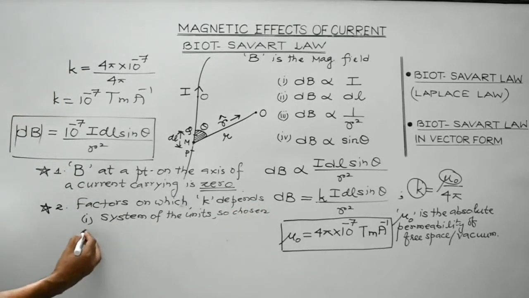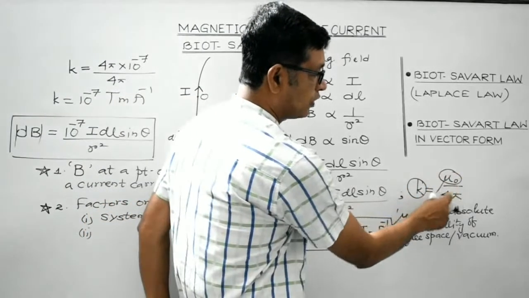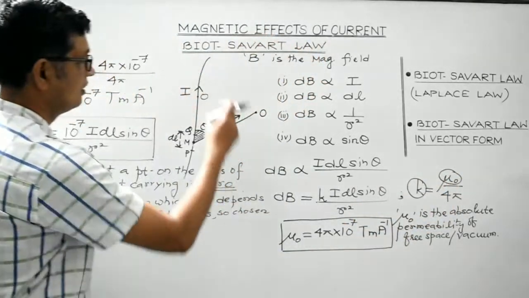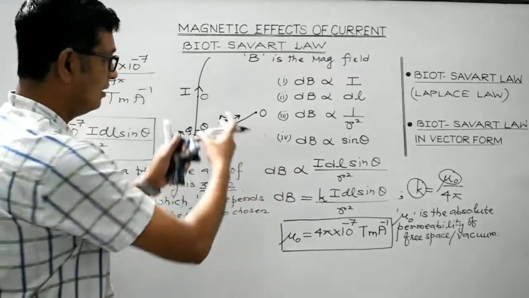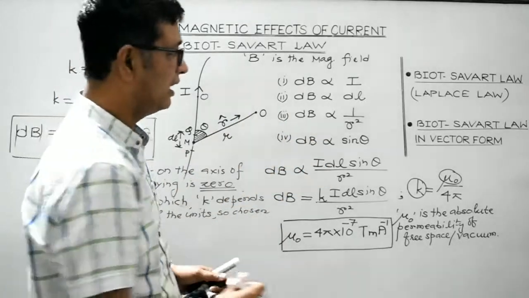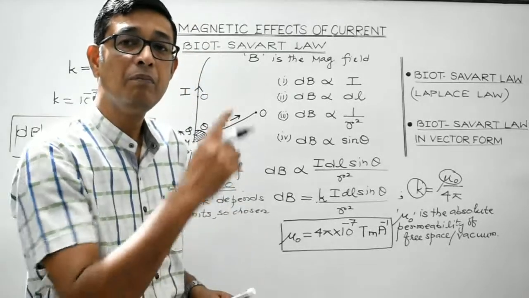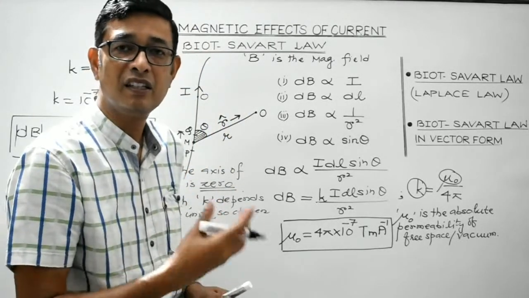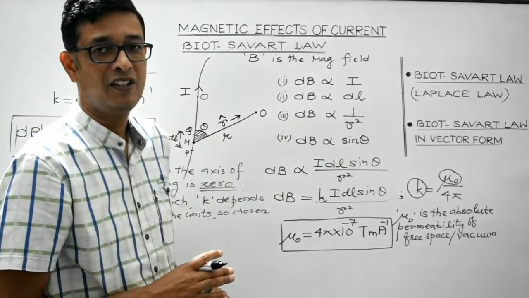Right? Second, here K is mu naught over 4 pi. In case the current carrying conductor, the observation point and the space between them is filled with some medium, then instead of mu naught, we should have written mu, which would have been the absolute permeability of the medium under consideration.